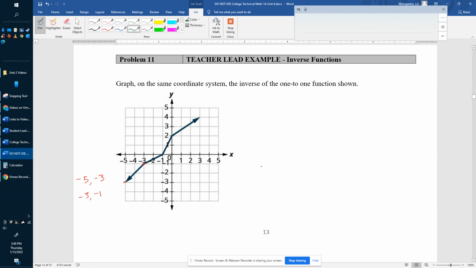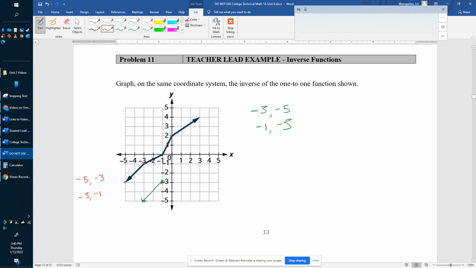The inverse is going to be -3, -5 to -1, -3. So where does that land? Let's look. So 1, 2, 3, 1, 2, 3, 4, 5. There's our new point. -1, -3, -1, then down 1, 2, 3. So that is that one line segment.